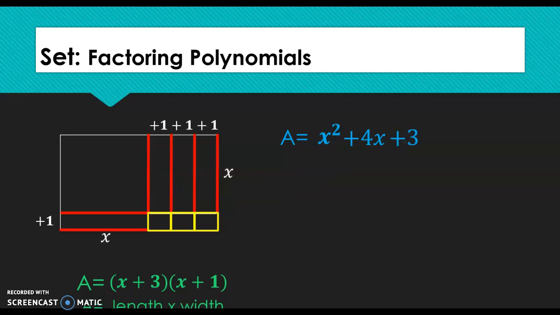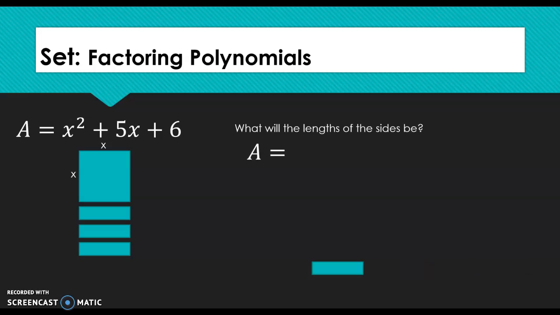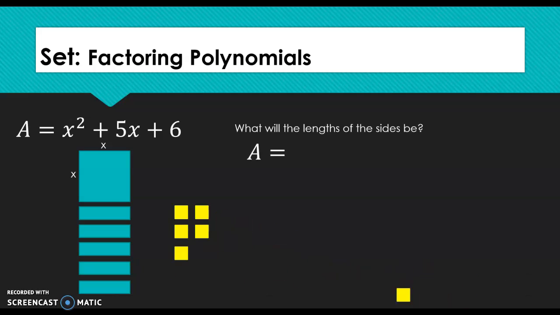Let's look at a few more examples of this. We've got the polynomial x squared plus 5x plus 6. We want to know what the lengths of the sides will be. We know we have a box x by x, and 5 x's, and 6 1's. How can we make these fit into a rectangle?